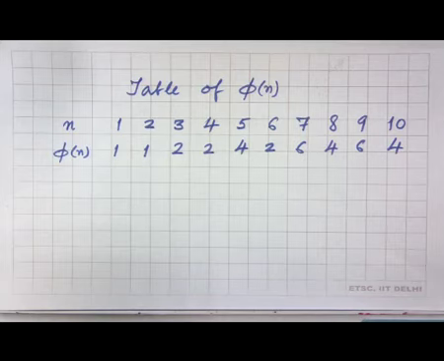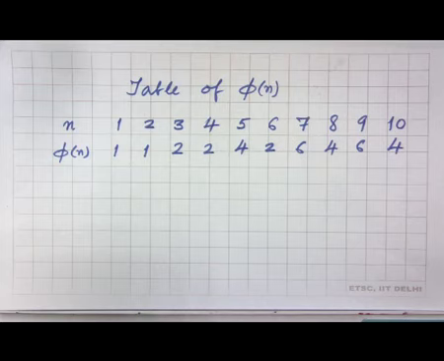So here's a quick table of phi n for n between 1 and 10. You can check that this table is accurate by listing the elements in each of these Sn's. So for example, if you look at the last one, S10, the numbers that go into that set are the numbers that share nothing in common except 1 with 10.